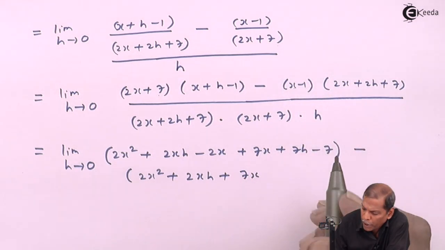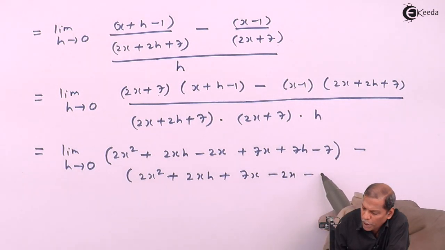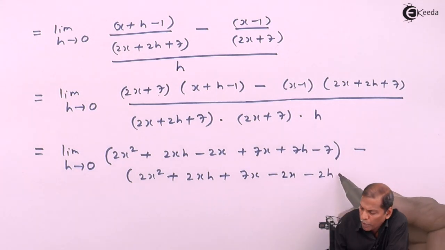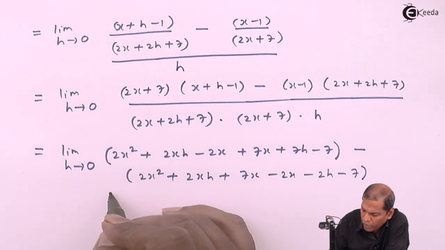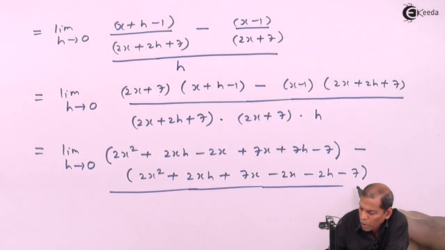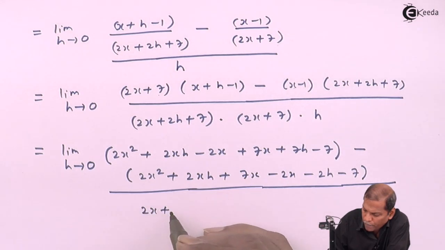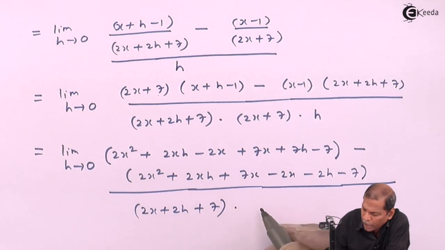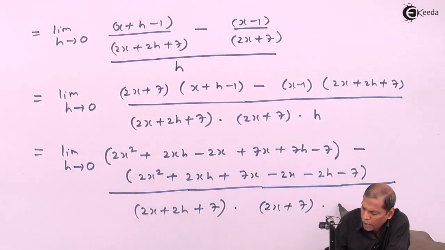Now minus 1 into 2x, we have minus 2x, minus 1 into 2h, minus 2h, and minus 1 into plus 7, that is minus 7, and then the bracket is complete. Then the whole thing divided by (2x + 2h + 7) in one bracket, (2x + 7) in the second bracket, and finally into h.